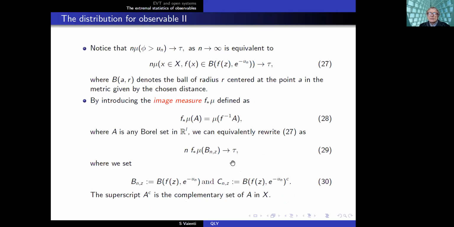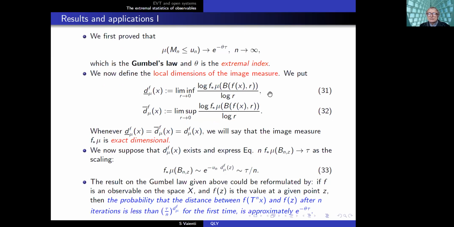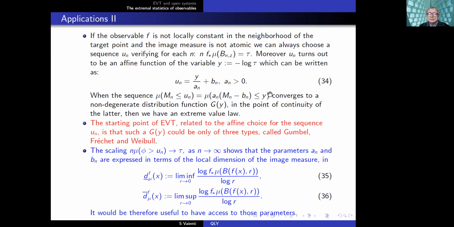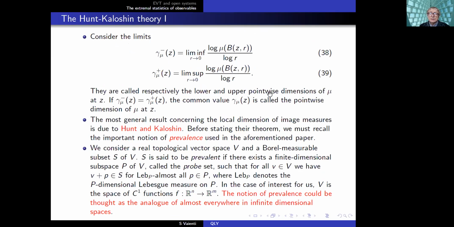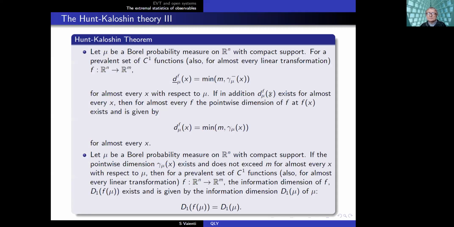Namely, these numbers, which are called local dimensions of the image measure, are the content of a very useful theorem, which I discovered when I was thinking about this business, which I didn't know before, which is the Hunt-Kaloshin Theorem. Basically, the theorem tells us the following: if we take an observable from this space to R^m, and we compute the local dimension of this observable, these numbers are given by this result.